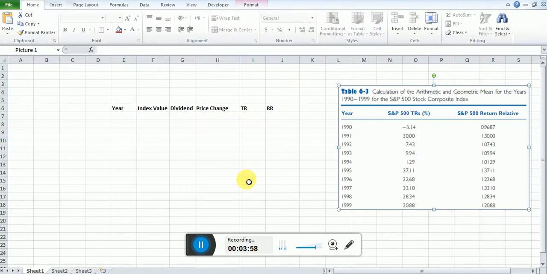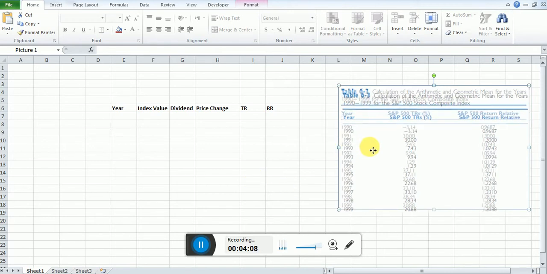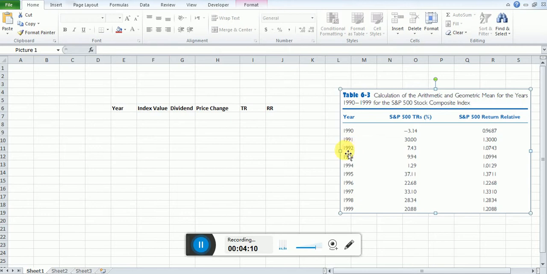Let's compute the arithmetic mean from the given returns in our example, for the returns given here from 1990 to 1999. In the last example we worked on this, and these are the return relative values, the returns when you add 1. So these are called return relatives.